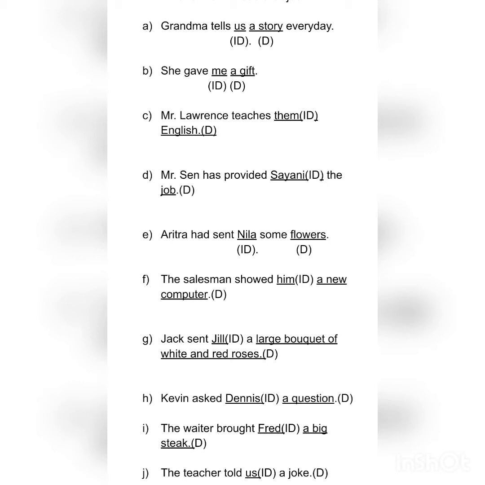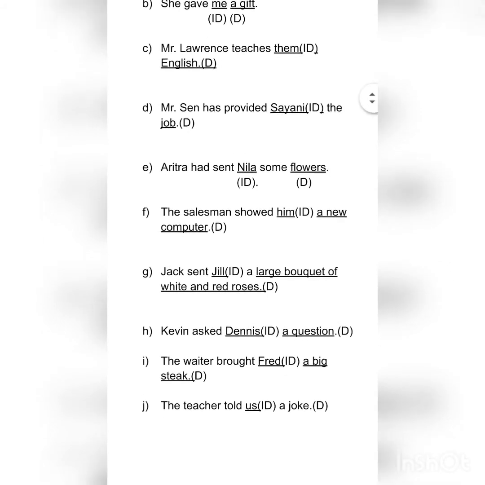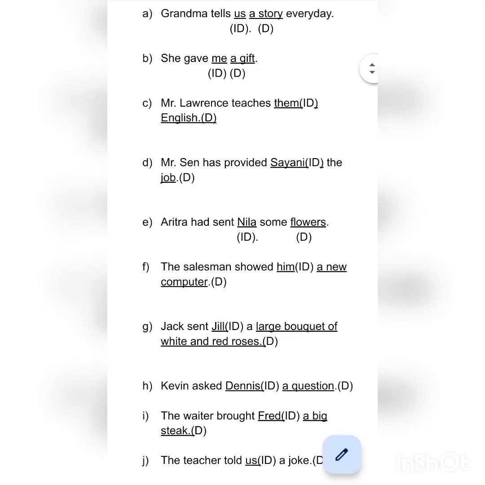So you can follow the same pattern for all the 10 sentences here, from A to J, and from 1 to 10. You can just follow this same pattern and ask yourself the questions.